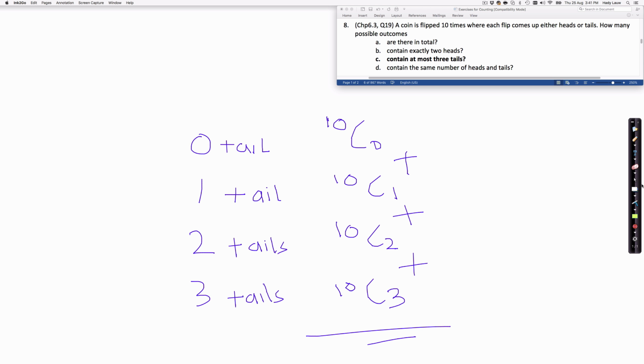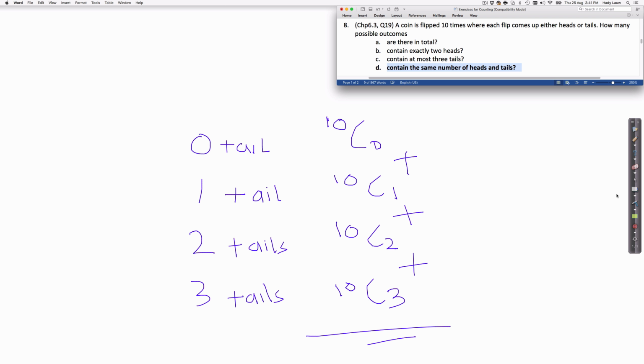Now for the last part, which is 8D, we are looking at the number of possibilities that contain exactly the same number of heads and tails. There are 10 coin flips, so if it's going to contain the same number of heads and tails, it means there are going to be exactly 5 heads and 5 tails.